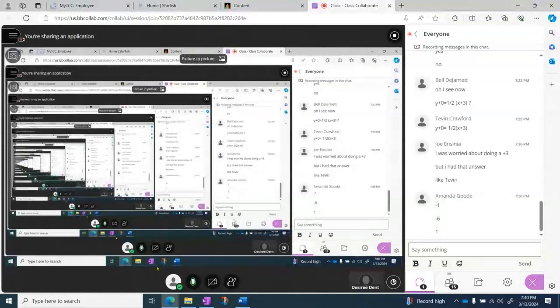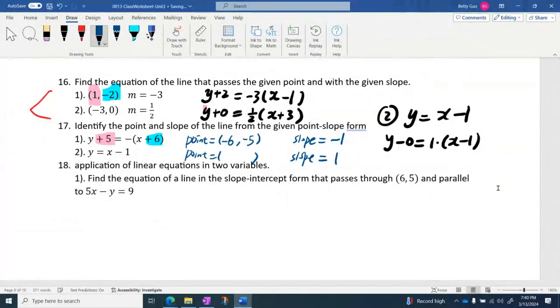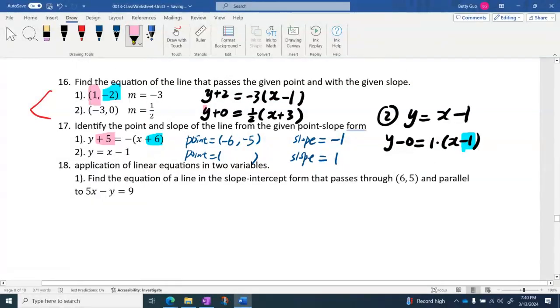Slope is 1, correct, Amanda? Very good. And what's the point? Yes, slope is 1, very good. And what's the point? The blue is this. The pink is this.